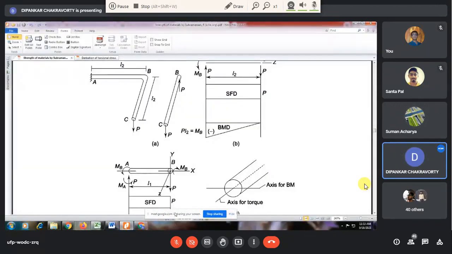Yes, sir. So when you transfer the load P from C to B, then the load itself goes, P, that load goes. And in addition to that, a moment which is equal to P into CB, that moment also goes.